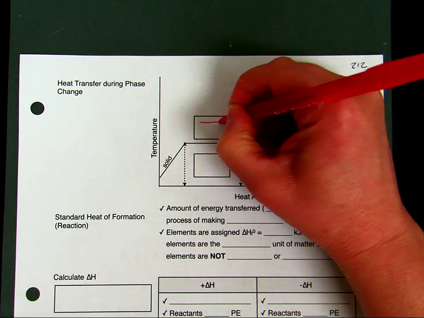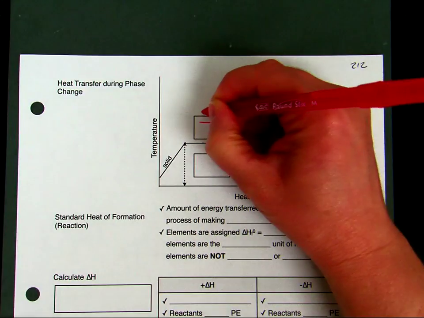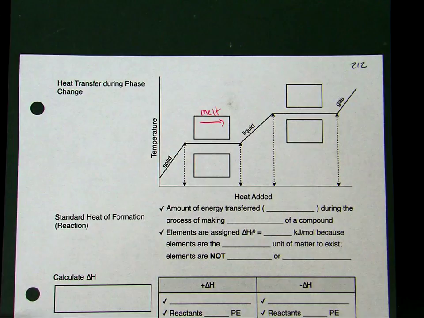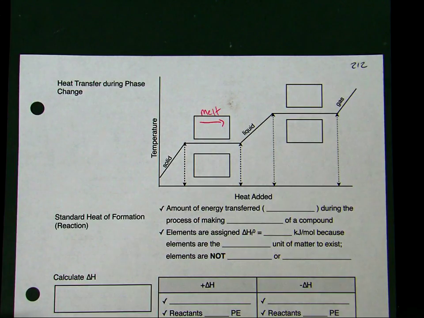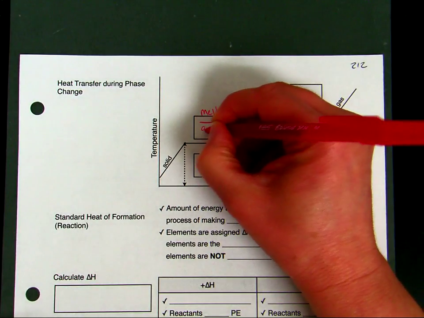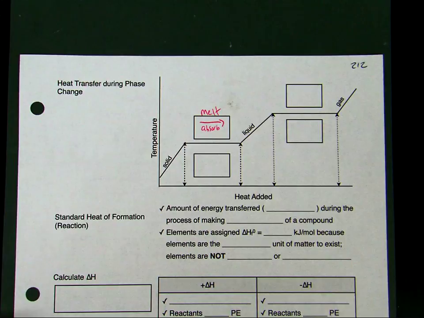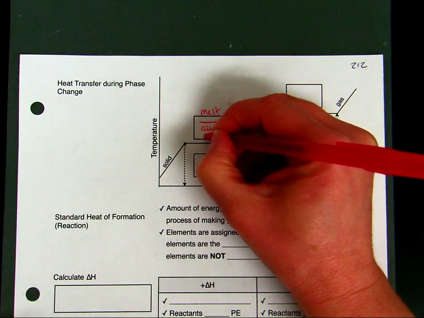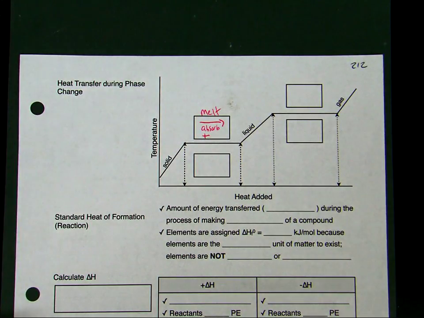So going in this direction, we would say that the sample is melting, so it melts. And because it is melting, the solid needs to absorb that heat energy. And if it's absorbing it, that means we have a positive inflow of energy. Okay?